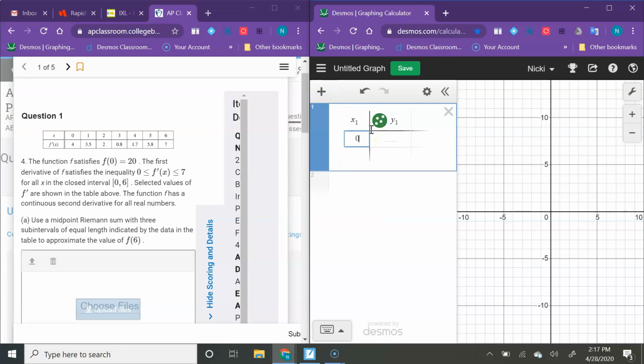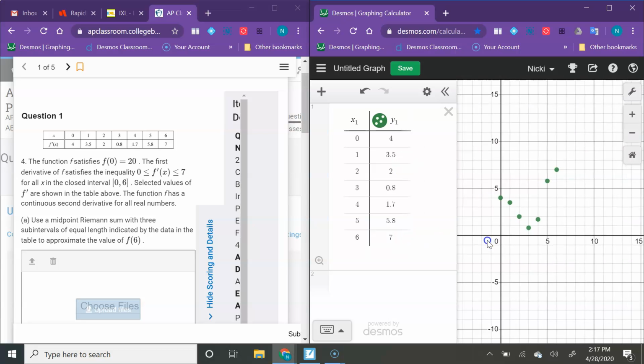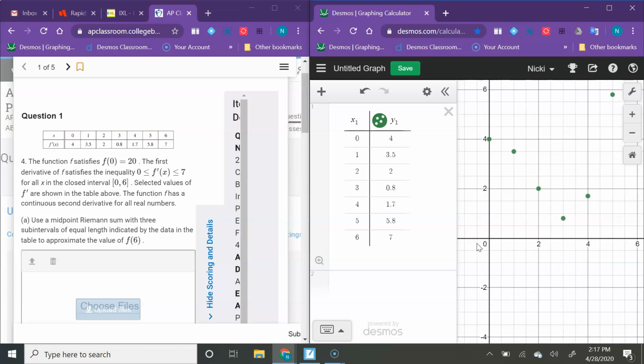So you've got 0, 4, 1, 2, 3, 6, and then we've got 3.5, 8, 1.7, 5.8, and 7. So you've got this graph here.